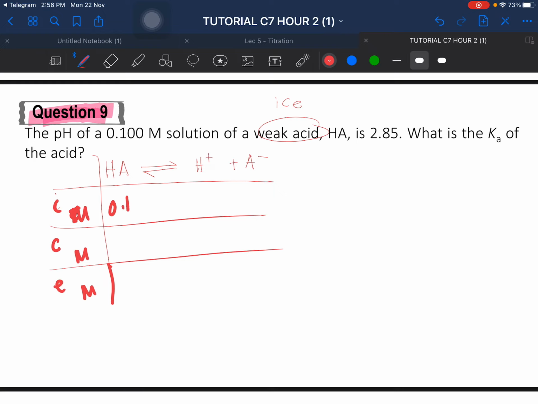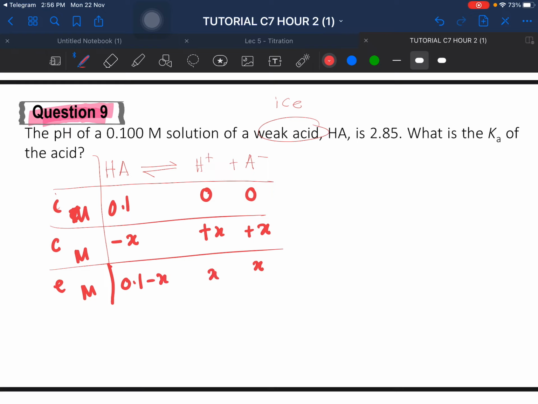Initially it is 0.1, and then the H+ and the conjugate base belum lagi wujud, so it is 0 and 0. So it will reduce by x, increase by x, increase by x. Finally, at equilibrium, it is 0.1 minus x, x, x.